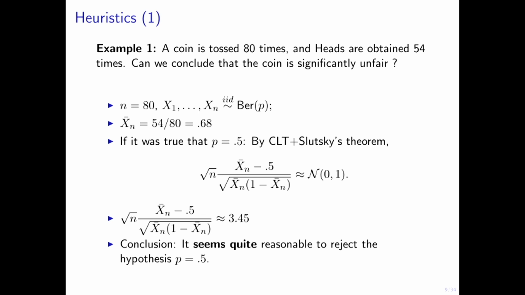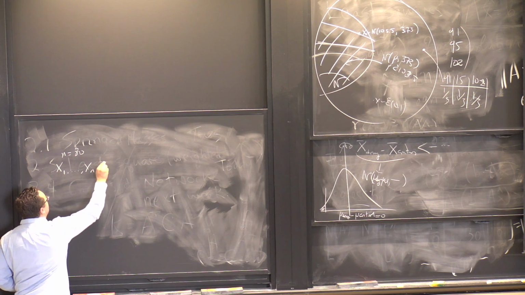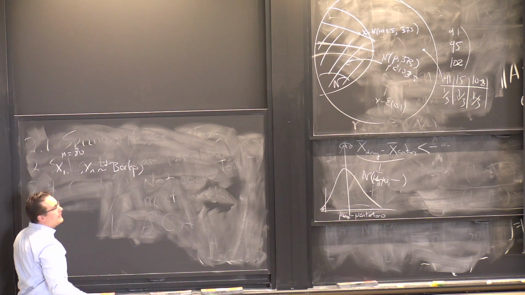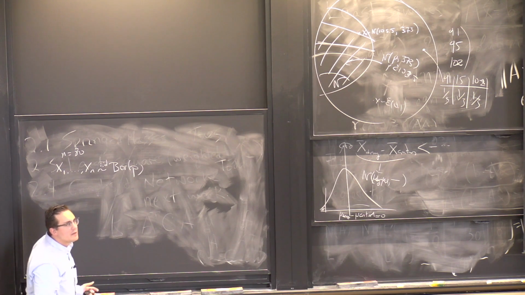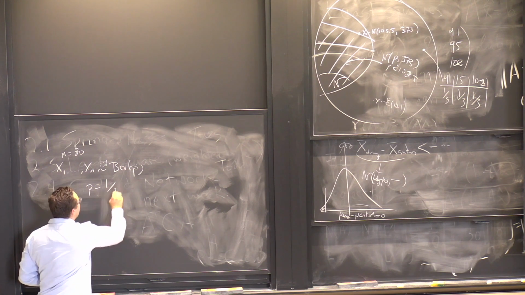So you have a coin. Now you have 80 observations, x1 to x80, so n is equal to 80. I have x1 to xn, IID, Bernoulli p. And I want to know if I have a fair coin. So in mathematical language, I want to know if p is equal to 1/2.